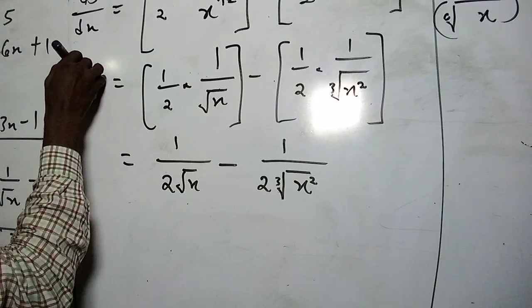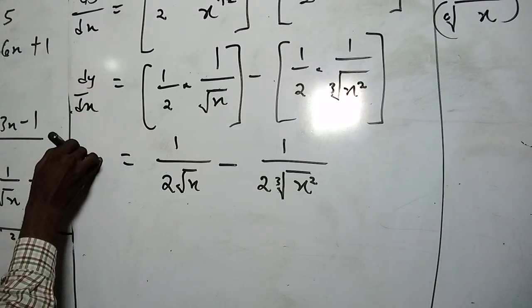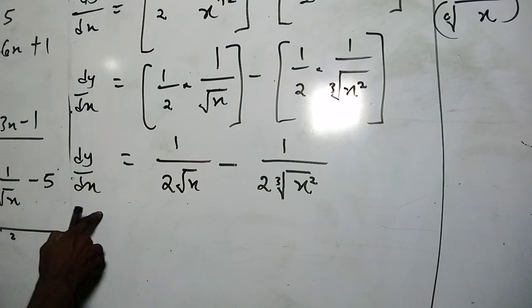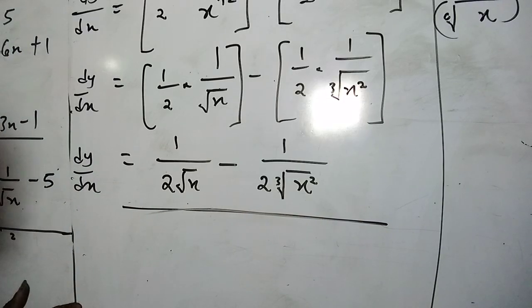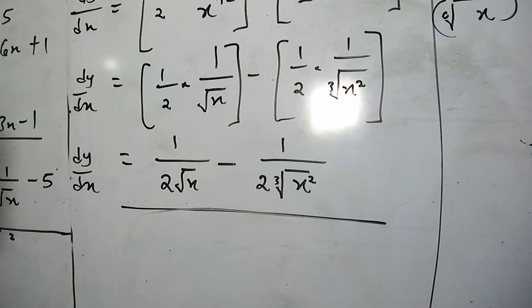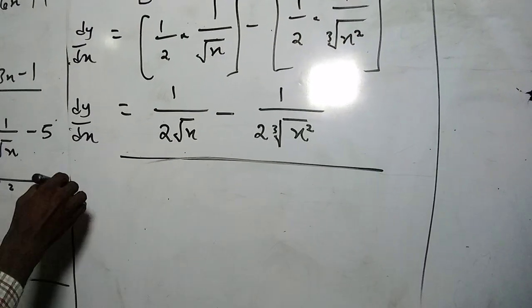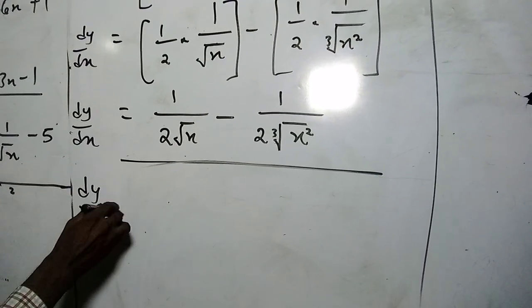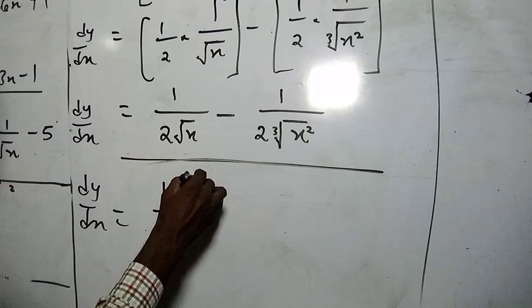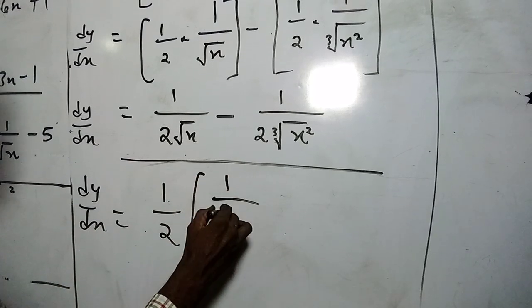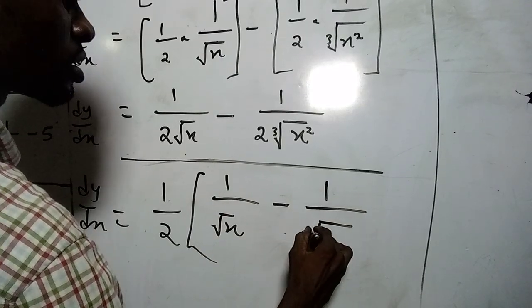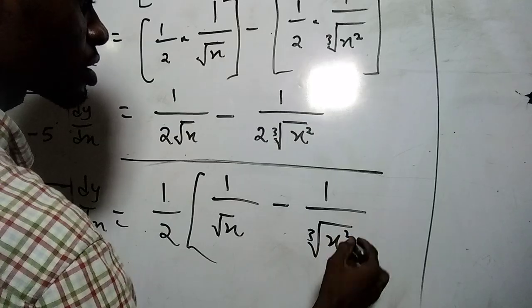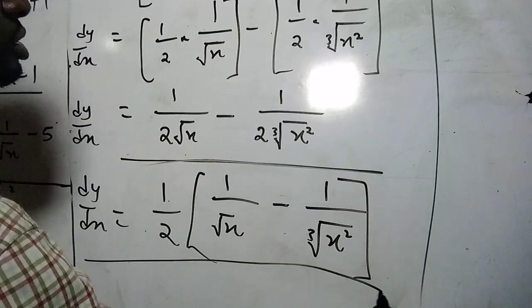So that's our dy/dx. So dy/dx gives us this for this particular question. And synonymously, you can also see that since 1 over 2 is common, we can factor it out and say dy/dx equals 1 over 2 close brackets 1 over x minus 1 over the cube root of x squared. Either way, this is our answer.